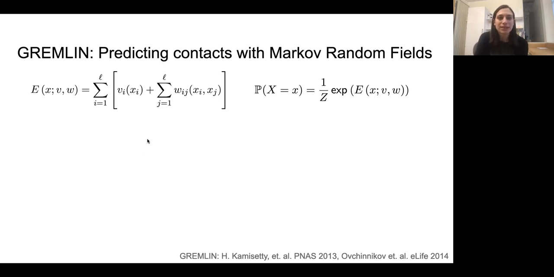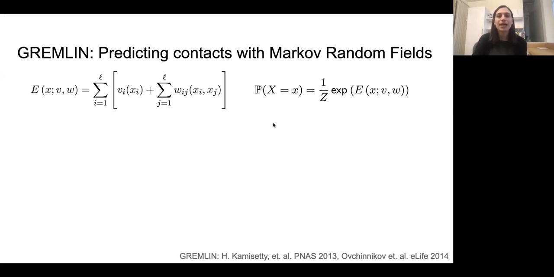What Gremlin does is it assigns an energy to every sequence in the multiple sequence alignment. This energy function has two types of terms. Single site terms V_i, where V_i is a vector that tells us which amino acids are most likely to be present in column i, and pairwise terms W_ij, which tell us which pairs of amino acids are most likely to be present in columns i and j together.